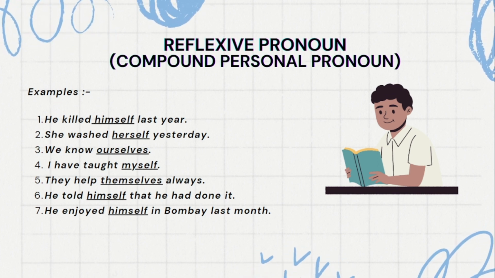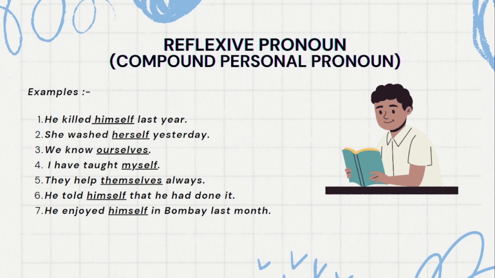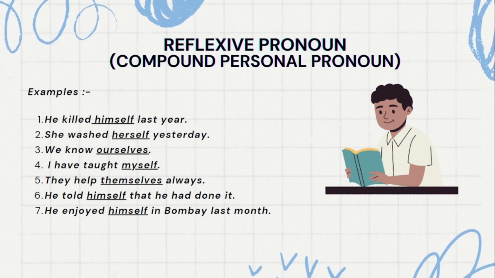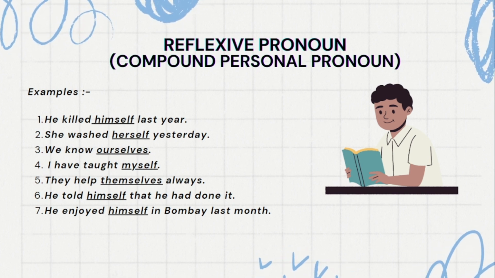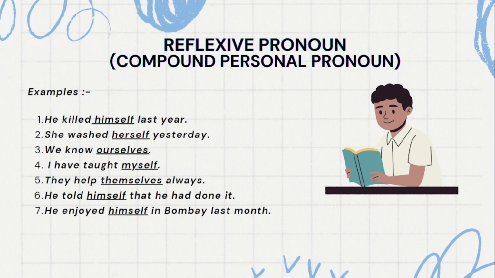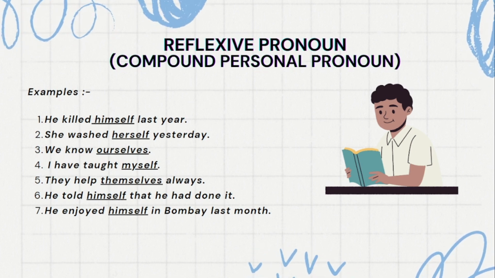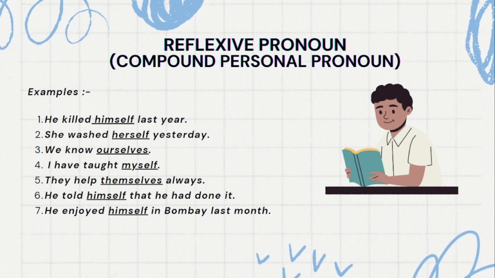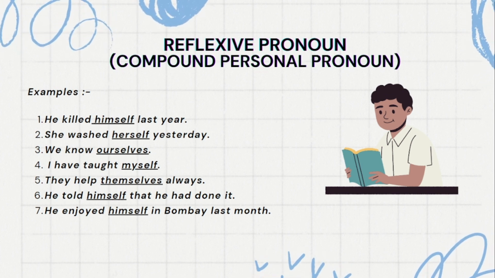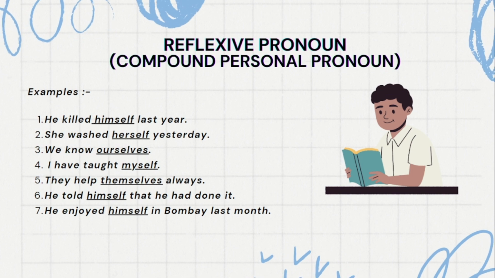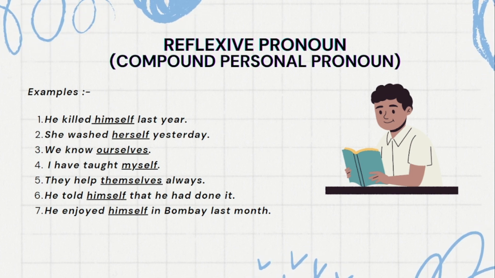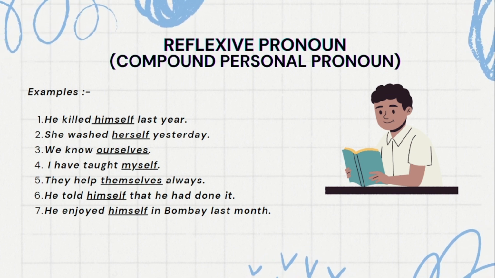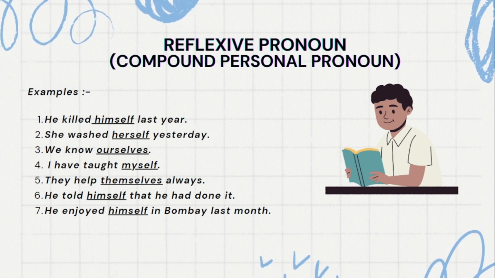Next, sixth one. In sixth one, subject is he. What is the reflexive pronoun of he? Himself. Himself is written in the place of object. Next is seventh one. In seventh one, the subject is he. What is the reflexive pronoun of he? Himself. Himself is written in the place of object.